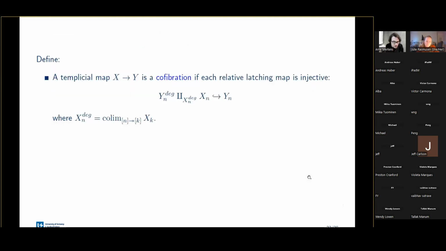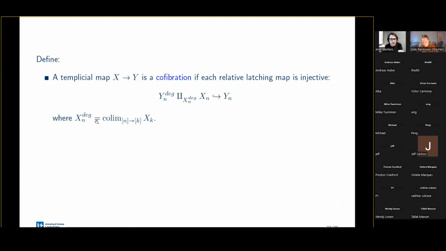And we have some suggestions for what this structure can be. We call a map of templicial objects a cofibration if certain latching maps, or relative latching maps, are injective. Here, this X DEC N is some colimit.